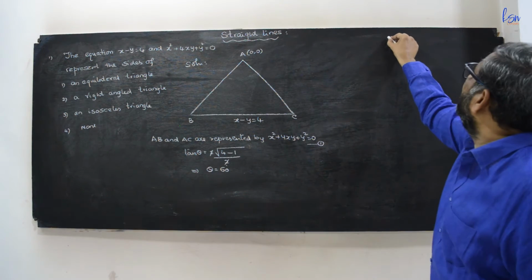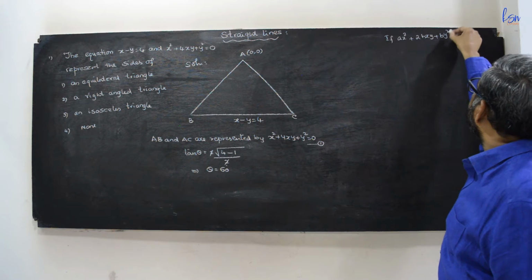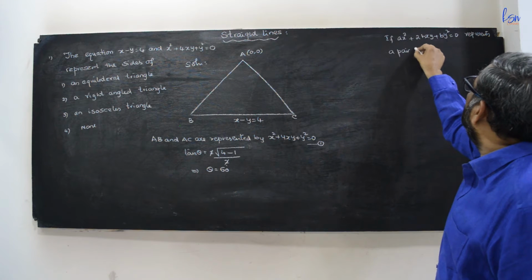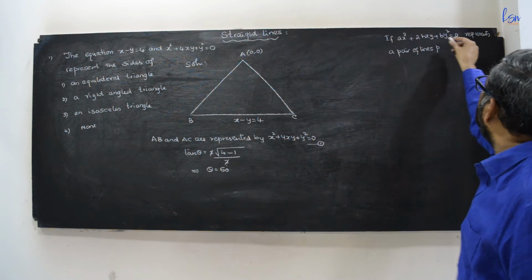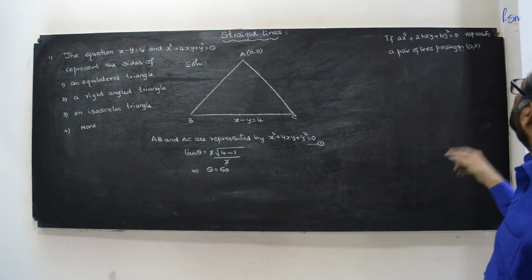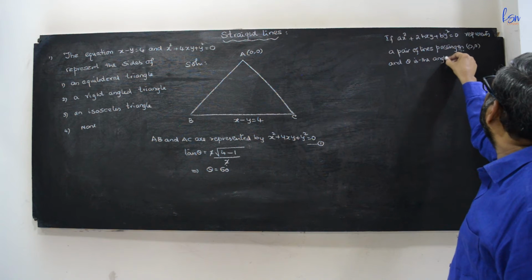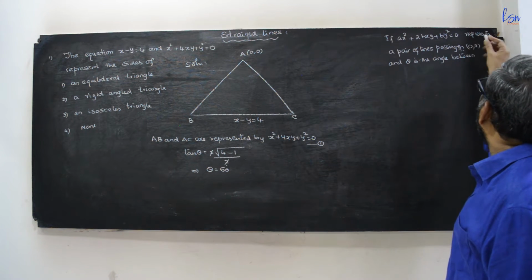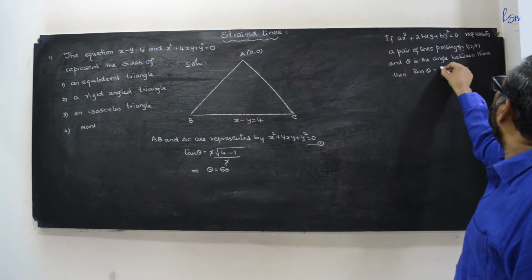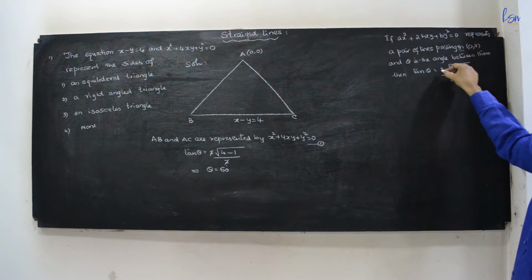Here, if ax square plus 2hxy plus by square equal to 0 represents a pair of lines passing through origin and theta is the angle between them, then tan theta is equal to 2 into root of h square minus ab by a plus b under modulus.